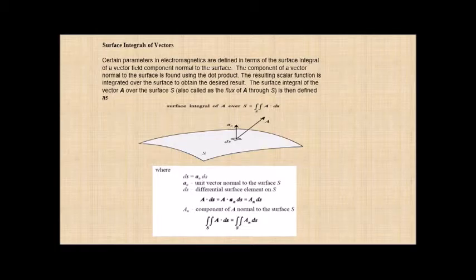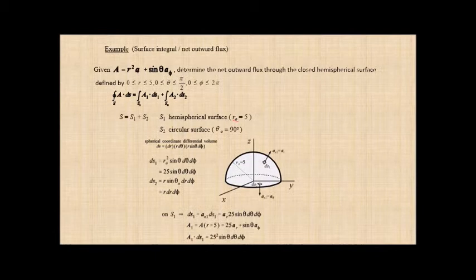From the example given, we can use the equation: surface integral of A dot ds equals the integral over S1 of A1 dot ds1 plus the integral over S2 of A2 dot ds2. We can assume that S equals S1 plus S2, where S1 is the hemispherical surface and R0 equals 5, and S2 is the circular surface where theta naught equals 90 degrees.